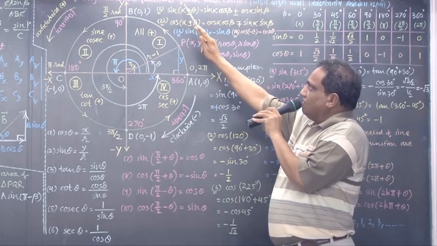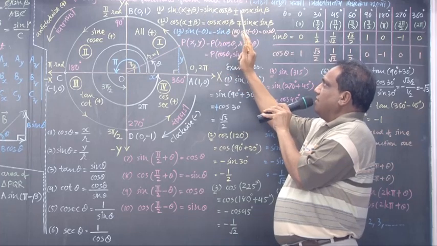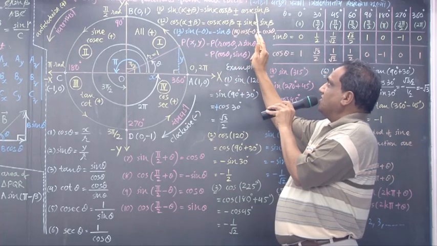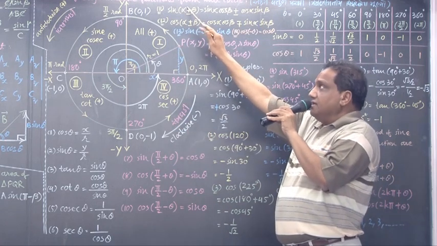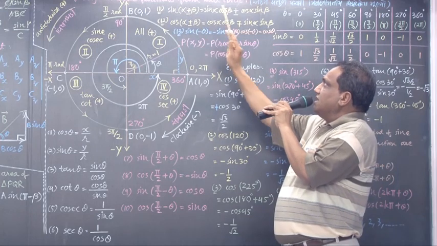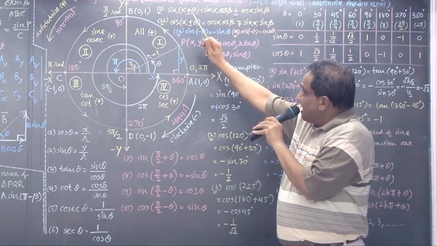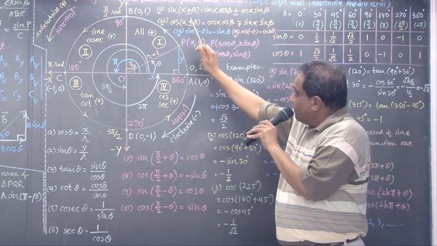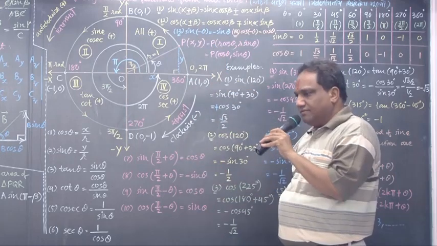But sine of alpha minus beta is sine alpha cos beta minus cos alpha sin beta. Here, if you take upper sign, then here also upper sign. If you take lower sign, then here also lower sign. So now take alpha as pi by 2 and beta as theta.